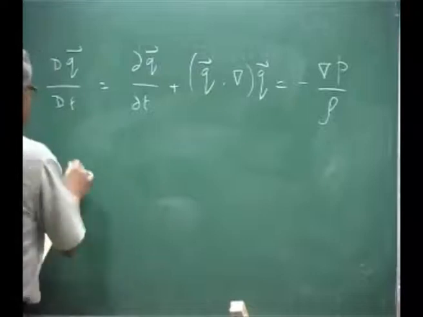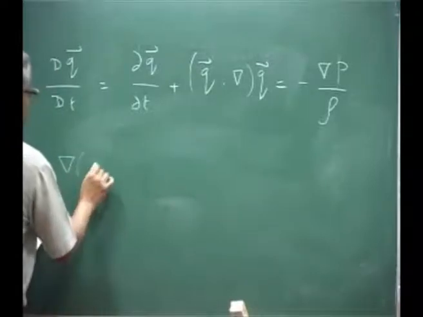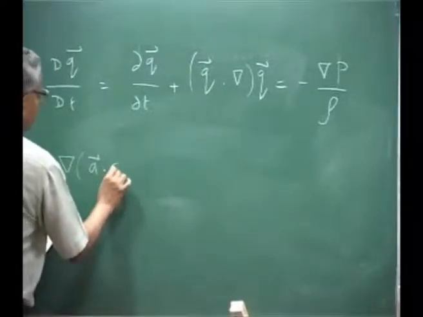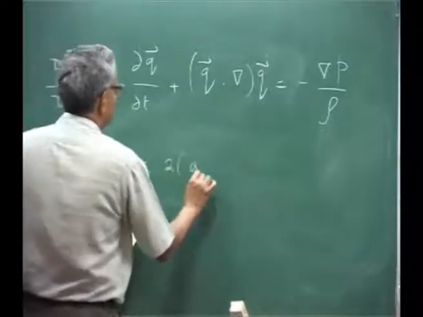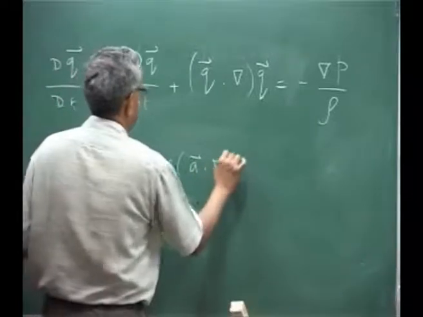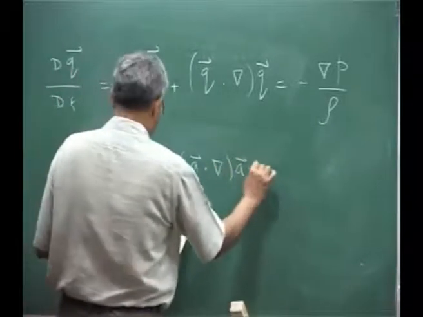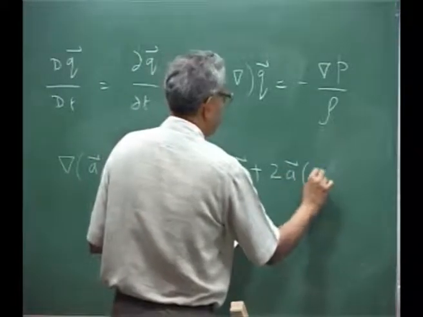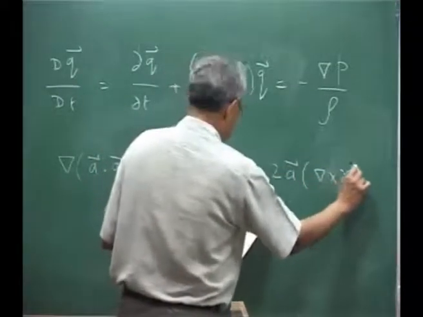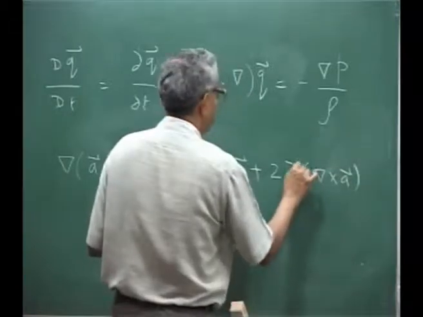If you have a vector identity, del of A dot A equals 2 A dot del A plus 2 A cross del cross A. Okay.